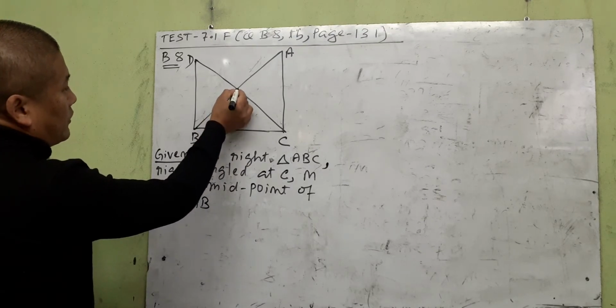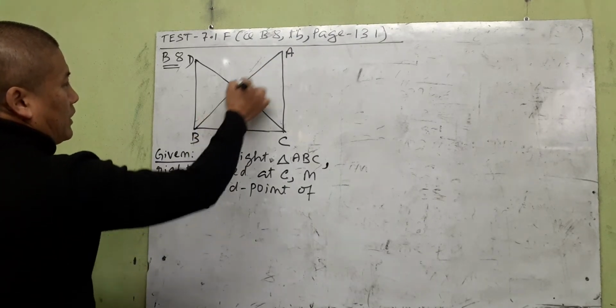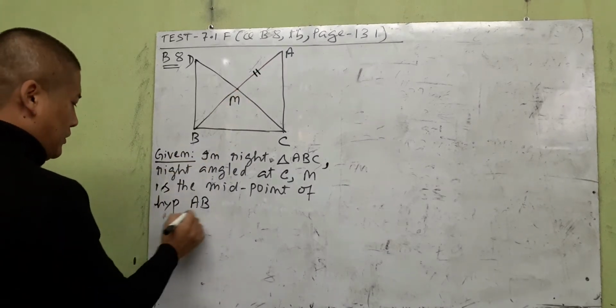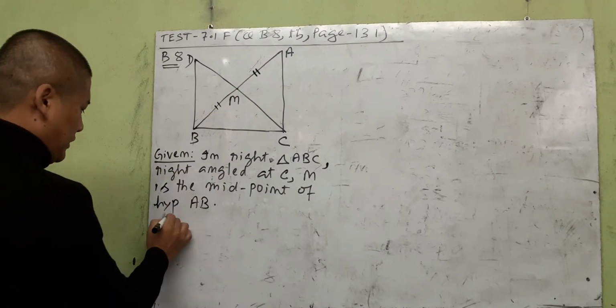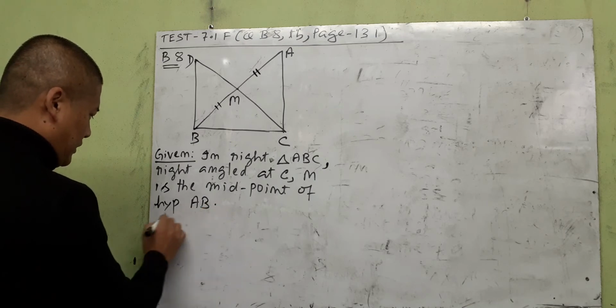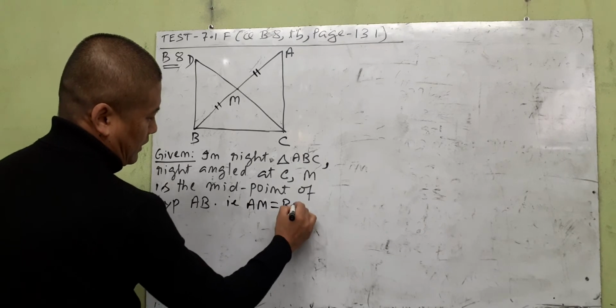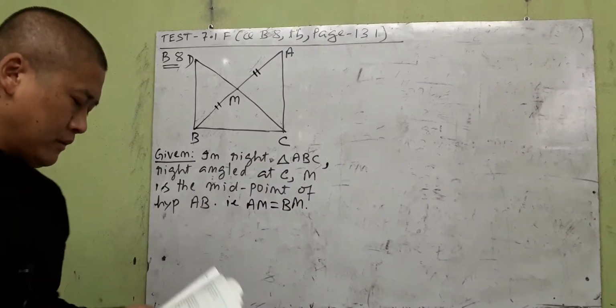So M is the midpoint of this AB. Hypotenuse means this length, AM equal to BM. So we may as well write here, and the meaning of this one is that AM equals BM. We can write ourselves like that.